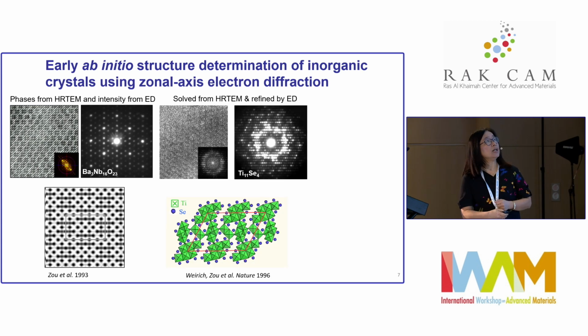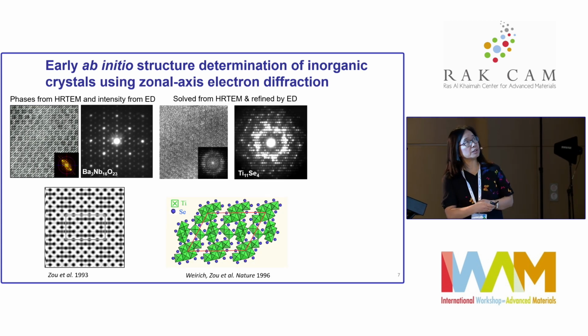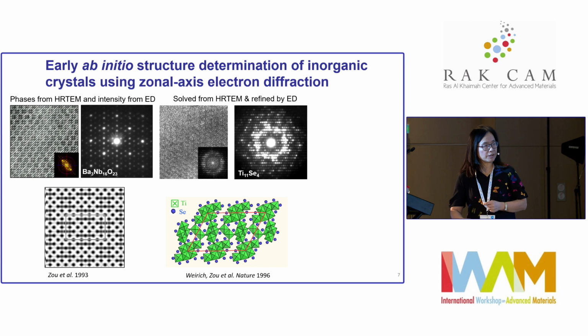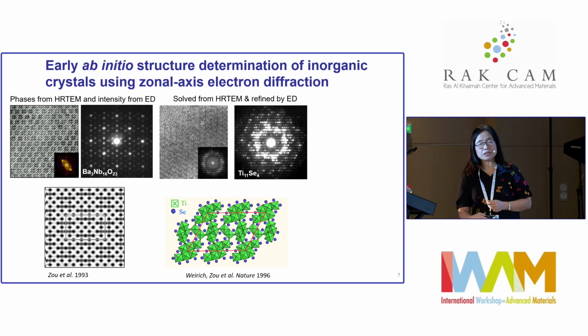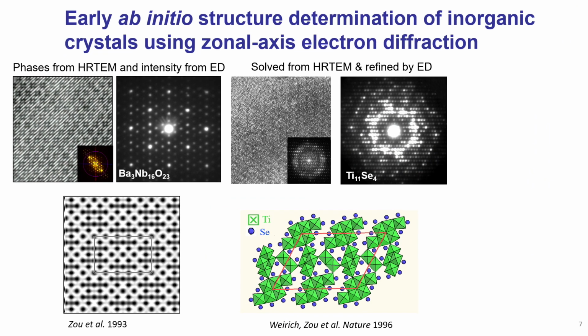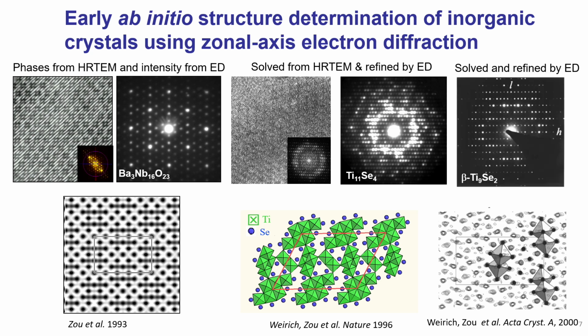It works. And we also used electron diffraction to refine the structure obtained from the images, like here in 1996. It shows that the intensities are actually very useful, so you can refine the structure using the intensities extracted from the electron diffraction patterns.